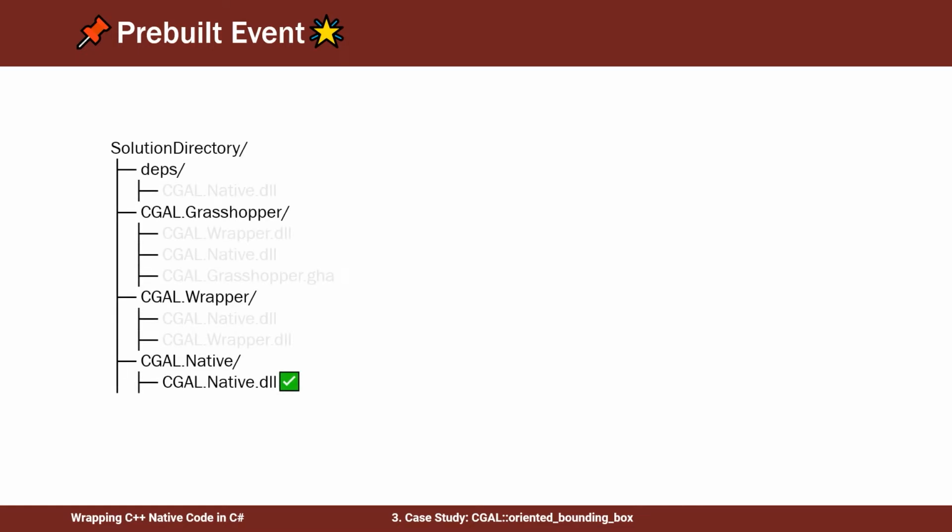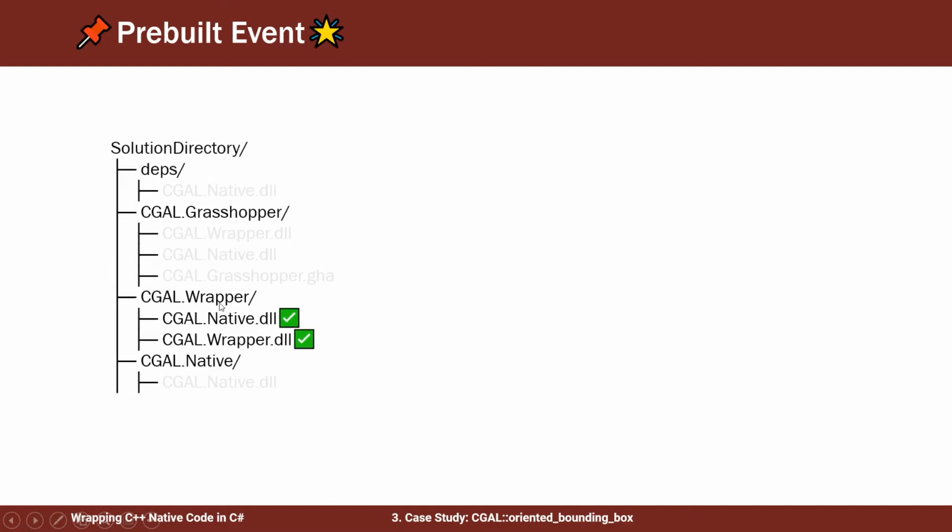So I want to briefly talk about the build dependencies and the build order of our solution. So first, we have the C++ library build, and because we need to use it from a global perspective, we copy that out to the dependency folder I manually created, and the next step is to build the wrapper.